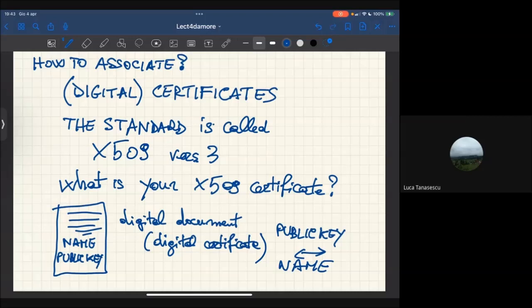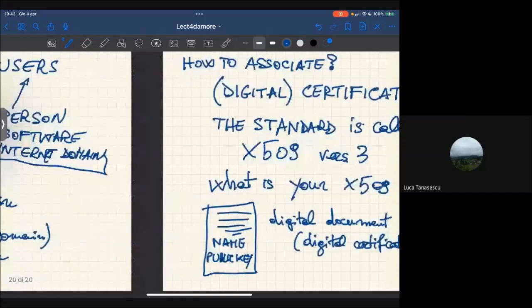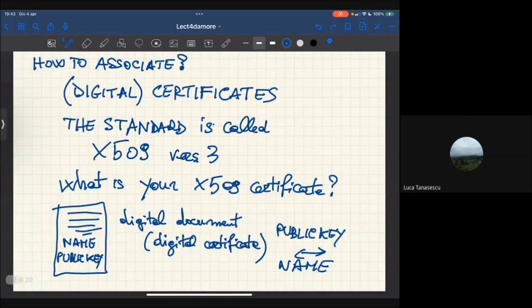Okay, so we have certificates associating public keys with the names, and name is very general. Software can have a name. Internet domains can have a name. Person, they have a name. So by using a name, you can describe whatever, and the public key is associated with a name.